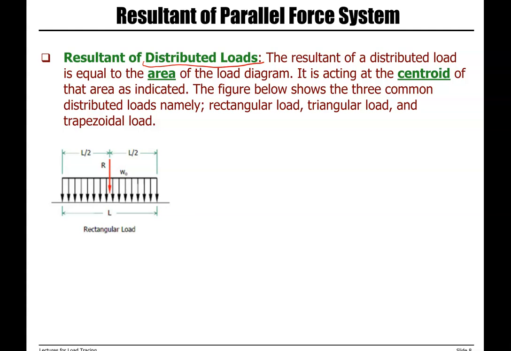The first one, we have a uniformly distributed load. So here is a beam and we show a uniformly distributed load like this. And the unit is usually pound per foot.